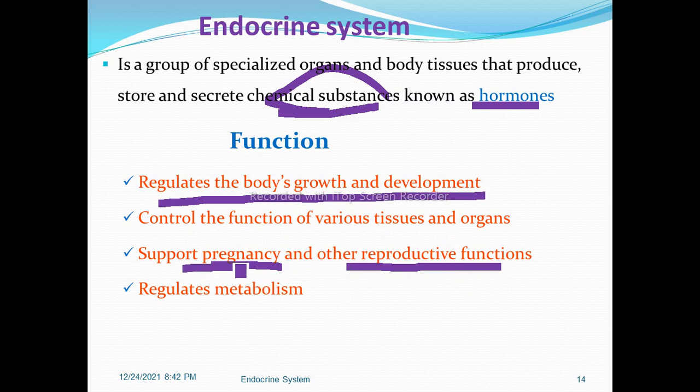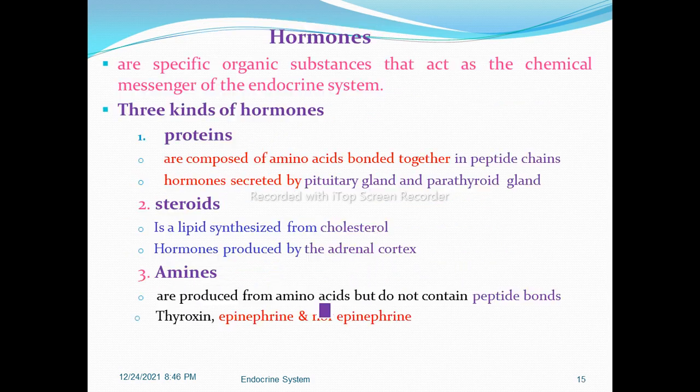For instance, estrogen and progesterone hormones support pregnancy, and androgens like testosterone, progesterone, and estrogen are also important for reproductive functions. It also regulates body metabolism.